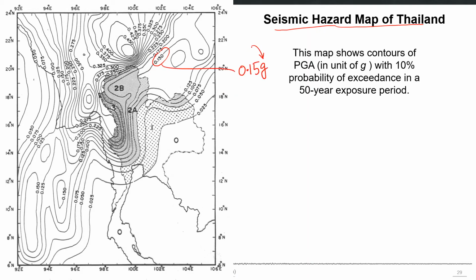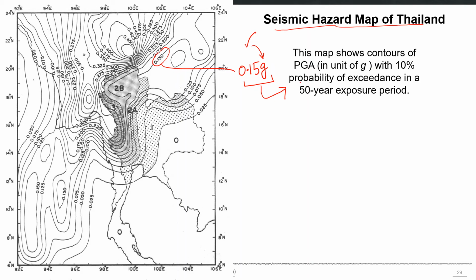So you can use the value of G, the acceleration due to gravity, to convert it into the acceleration value. This is the peak acceleration which will be experienced by the ground at that particular site, and it is defined in a probabilistic manner as I explained earlier.